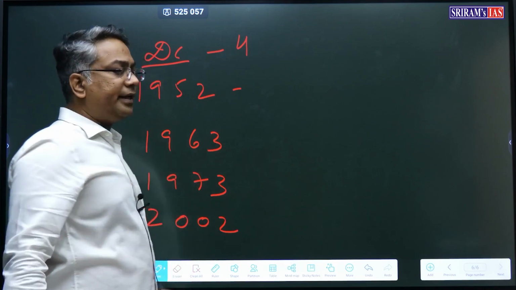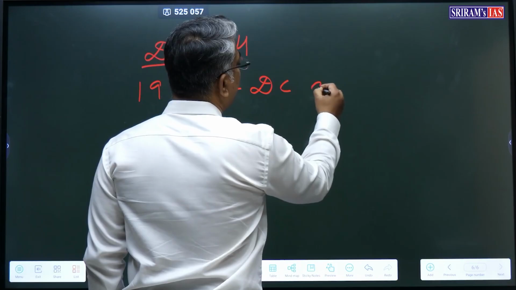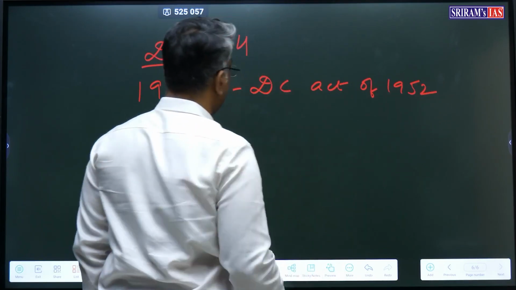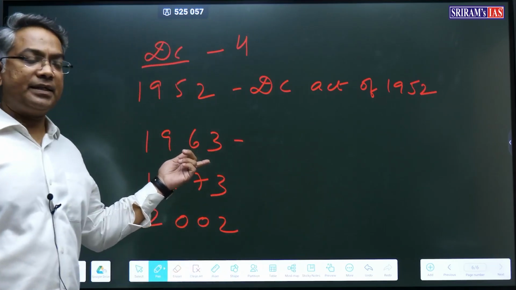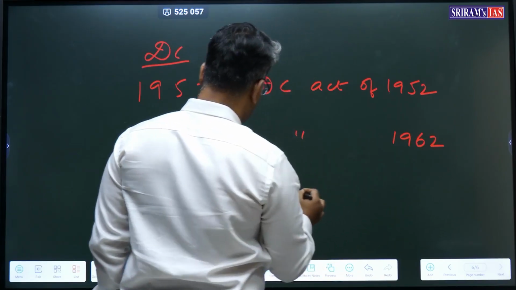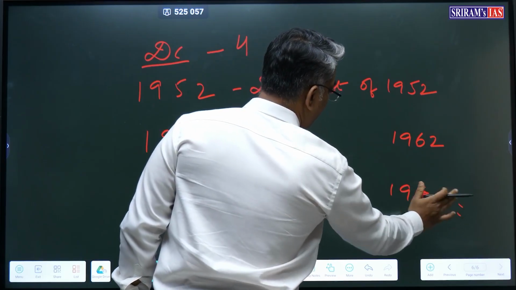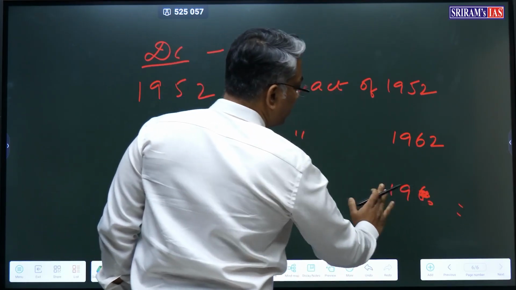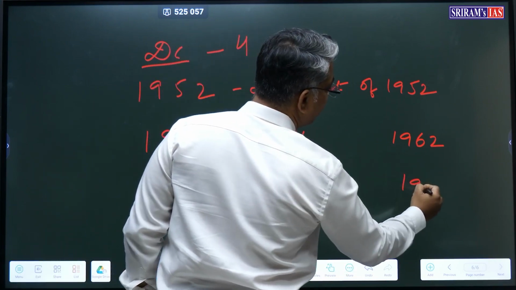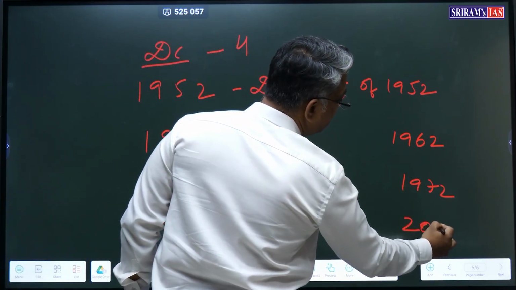The Delimitation Commission of 1952 was established under the Delimitation Commission Act of 1952, the 1963 Delimitation Commission under the Delimitation Commission Act of 1962, the 1973 one under the Delimitation Commission Act of 1972, and the 2002 one under the Delimitation Commission Act of 2002.